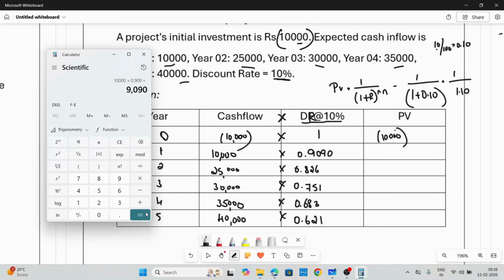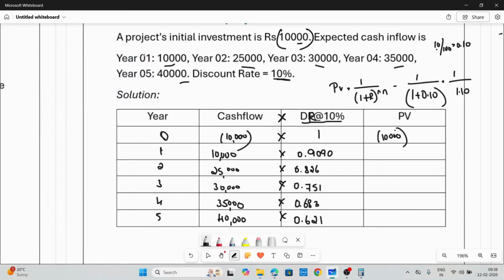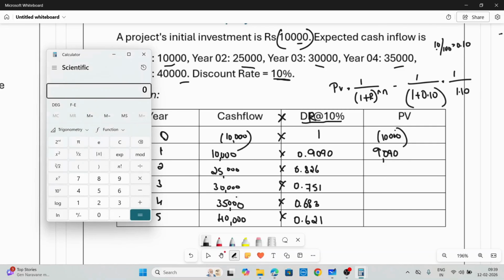This is the first year. It's 9,090. Let's calculate the second year's 25,000.